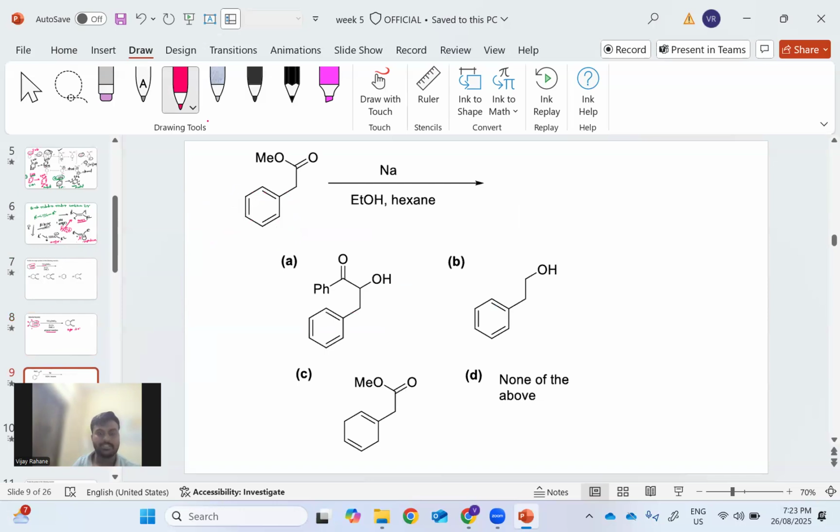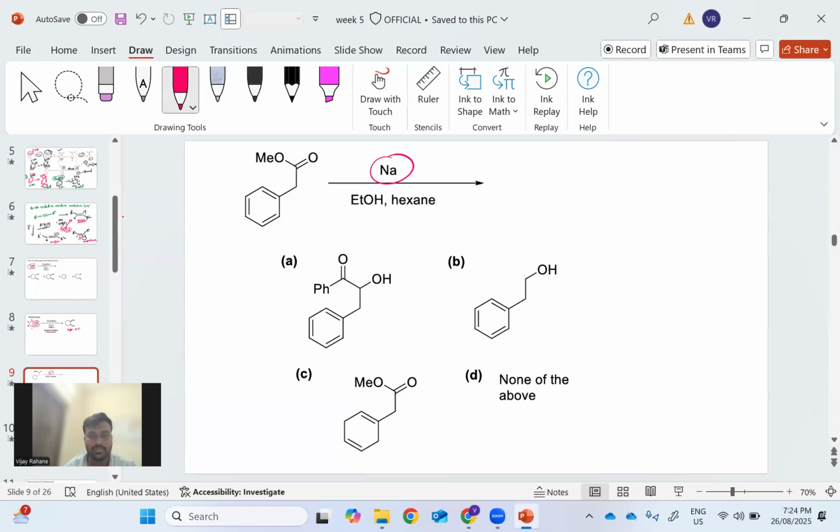Next question is again of a similar type as we have seen earlier. We have sodium and ethanol in hexane solvent, and the starting material is the ester. What happens when this ester reacts with the sodium?